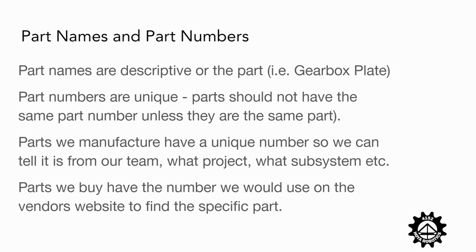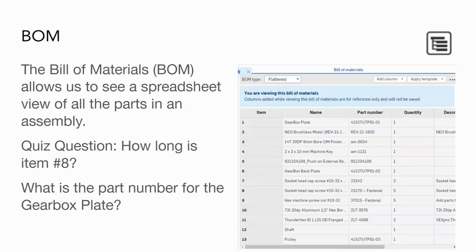And this is where the part numbering comes into play. So every part has to have a unique number, and that way we can organize things with our inventory. We can organize what we need to order, what we need to build, and it makes it very easy to keep track of things. So part numbers are really useful.